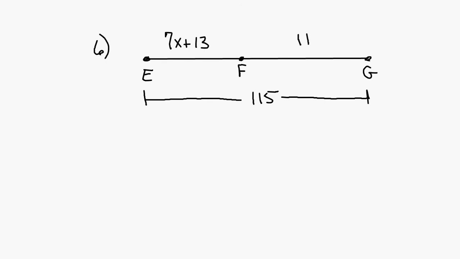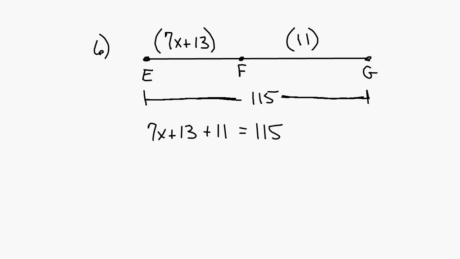Find the value of x. So you're finding the value of x in this problem. So look, this is segment addition postulate. This piece right here, 7x plus 13, plus this piece right here is equal to the entire piece, which is 115.